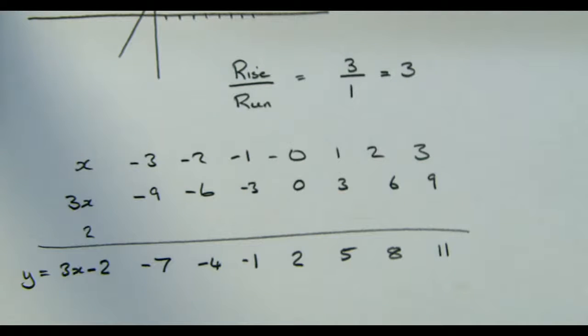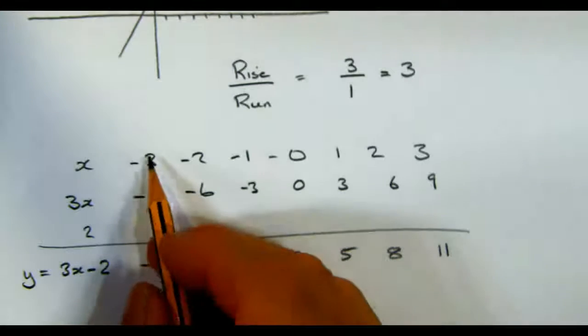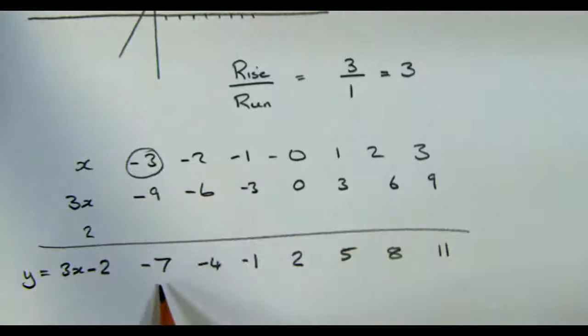If we look at this table of values, we notice that for every unit of x, here we have an increase of 3.